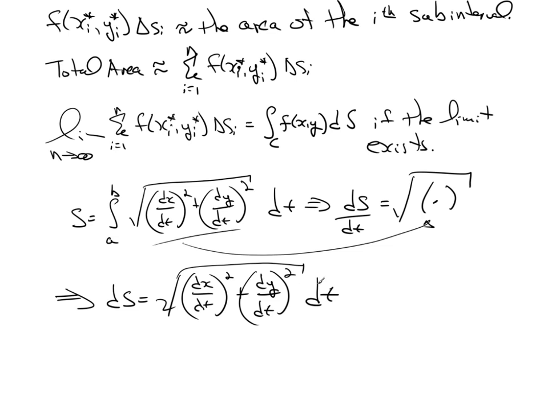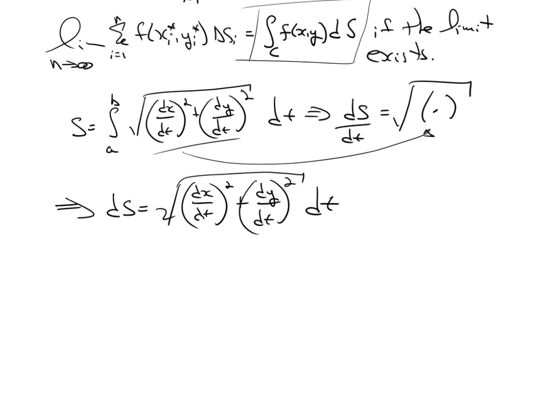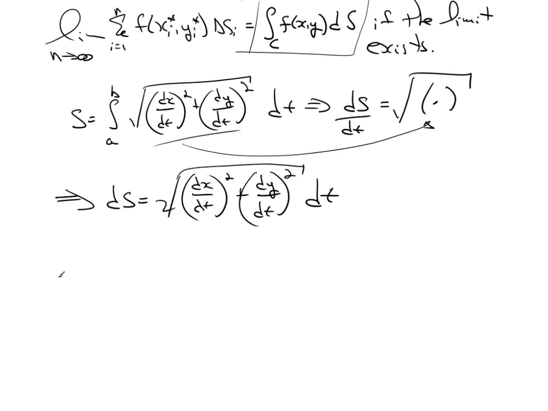Now, the important reason that we did this is that this gives me a way to actually integrate. This is a nice definition, but it didn't really give us a way to actually evaluate the thing. Well, this does.